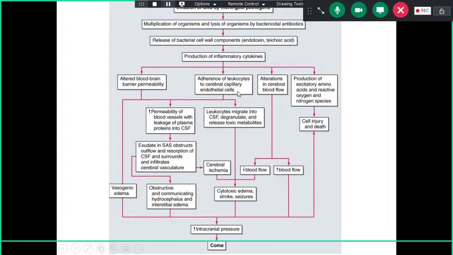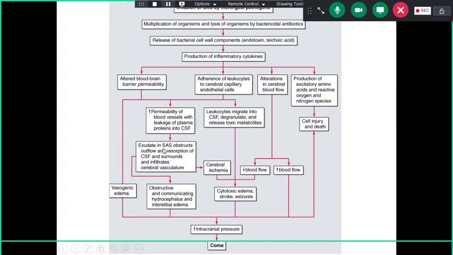Some of them may adhere to capillary endothelial cells, causing alteration of cerebral blood flow and production of excitatory amino acids, reactive oxygen, etc. Finally, this will cause increased permeability of the blood vessels, leakage of a large amount of fluid from the vascular component, and leakage of plasma protein into the CSF.